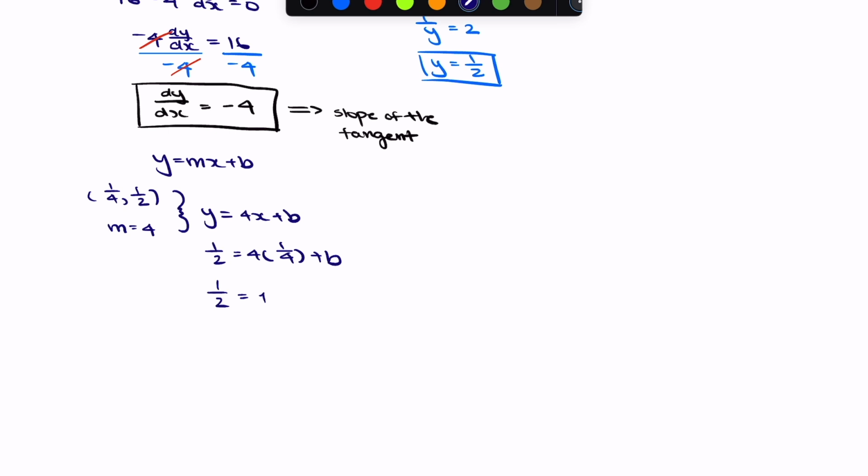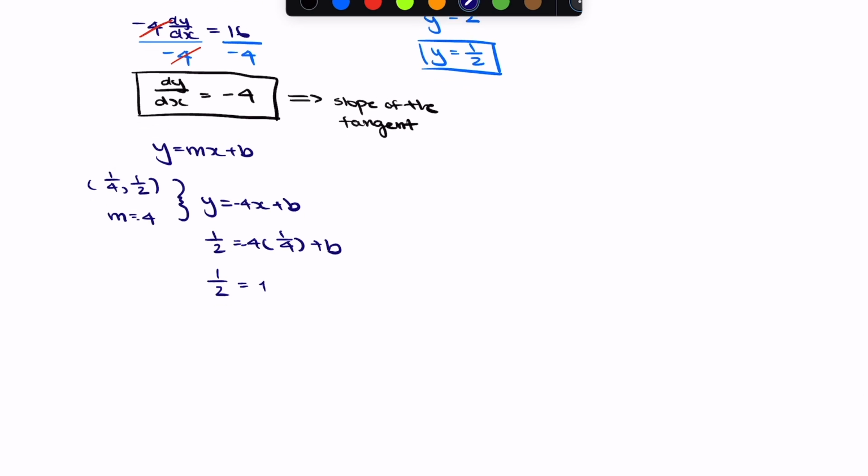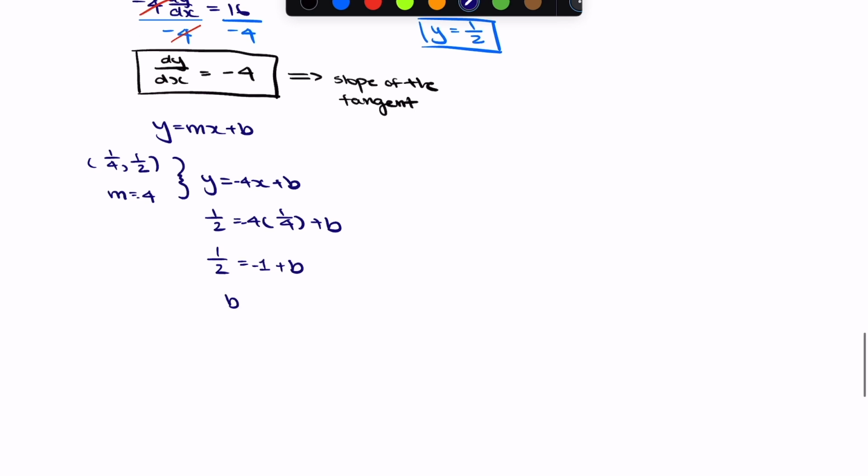So 1 over 2 is equal to negative 4 times 1 over 4 plus b. 1 over 2 is equal to negative 1 plus b, and therefore b is equal to 3 over 2.